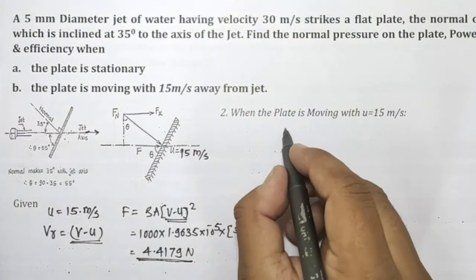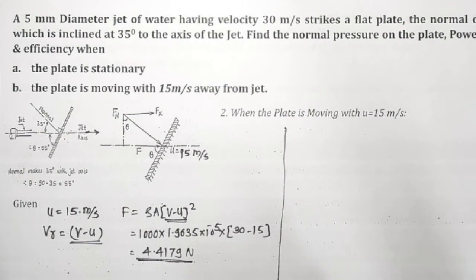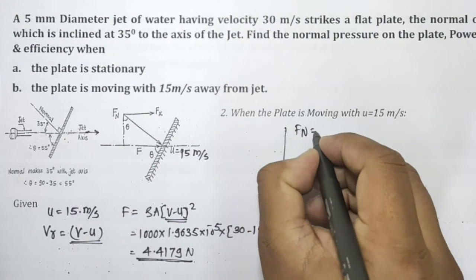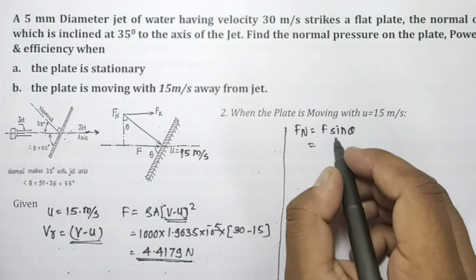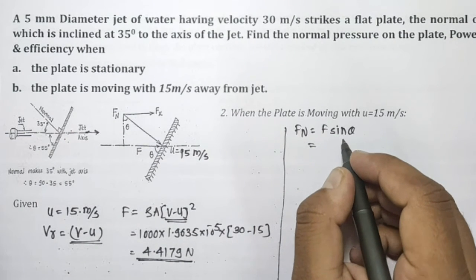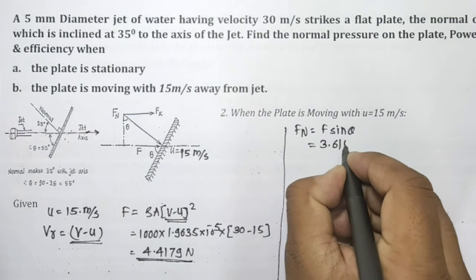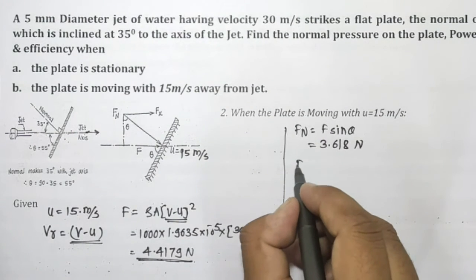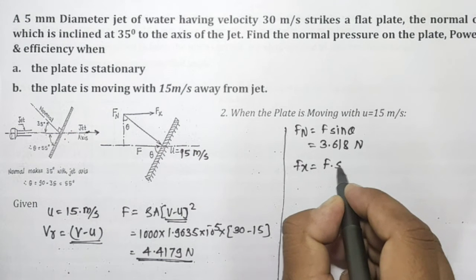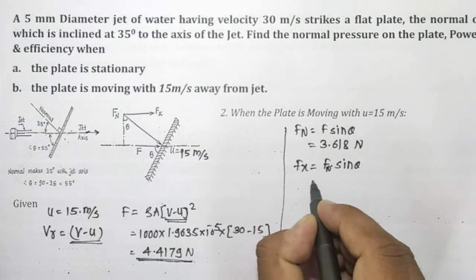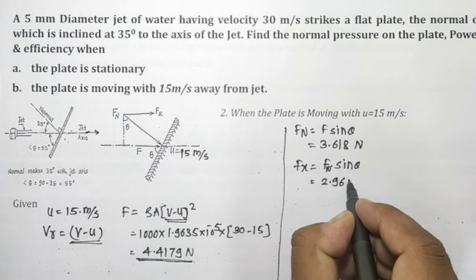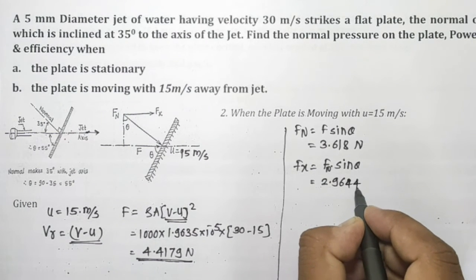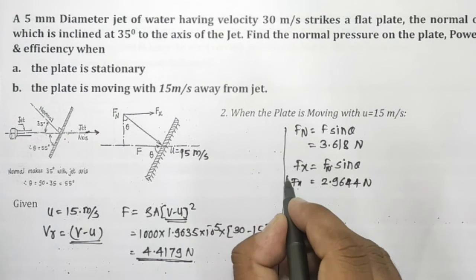Now for this second case, we have to find out Fn is equal to F sine theta, and it comes up as 3.9618 Newton, and Fx is equal to Fn sin theta, and it comes up as 2.9644 Newton. This is the Fx.